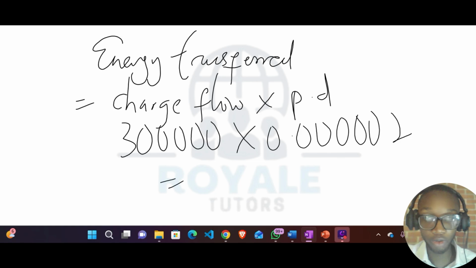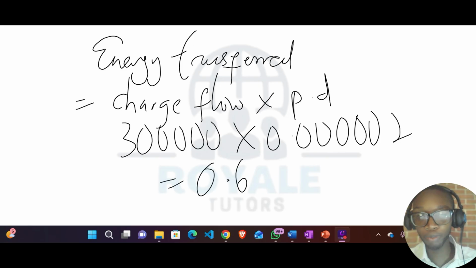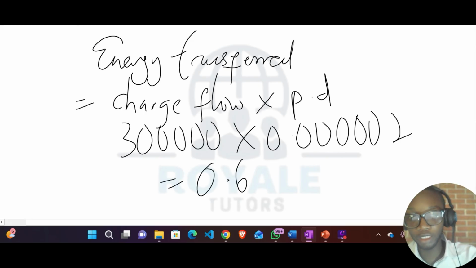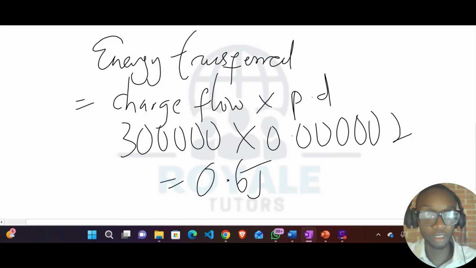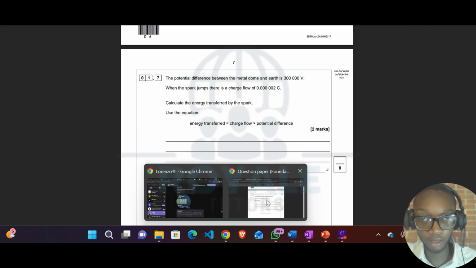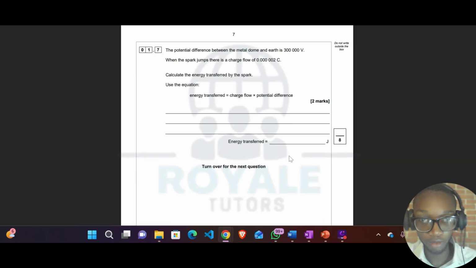So you just have to do 300,000 times 0.000002, and by the time we put the figures together, we have 0.6. And since it's energy, energy is always measured in joules. So our answer to this question is 0.6 joules.